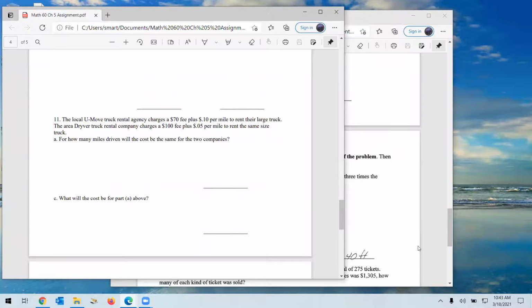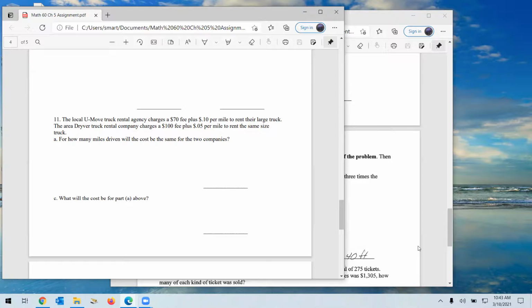Number 11. And again, I'm glad to work that out on the board here in a second, but maybe you can get a head start. Basically got to figure out what's the shape of these equations going to be. A truck rental agency charges a fixed amount plus 10 cents per mile.